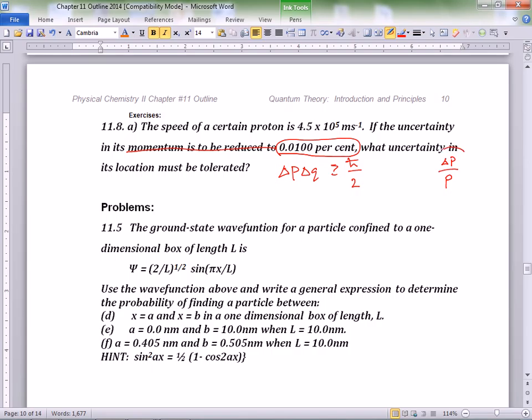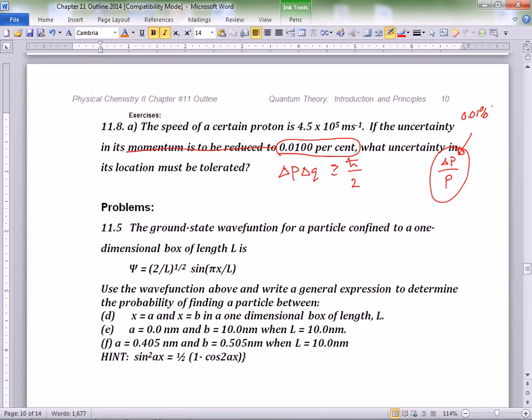Because if you want to get uncertainty in something, you have to take the variance or the standard deviation and then divide it by what the value is. Otherwise, it's not really uncertainty. It's just variation. So when they say 0.01%, that is really the uncertainty divided by the value, because they gave it in percent.